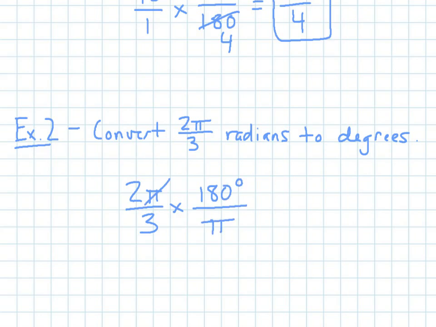So now, notice, the pi's go away. I can reduce my 180 and 3, because 3 goes into 180 60 times. So then now I have 2 times 60, and that gives me 120 degrees. So that's how you convert one to the other.